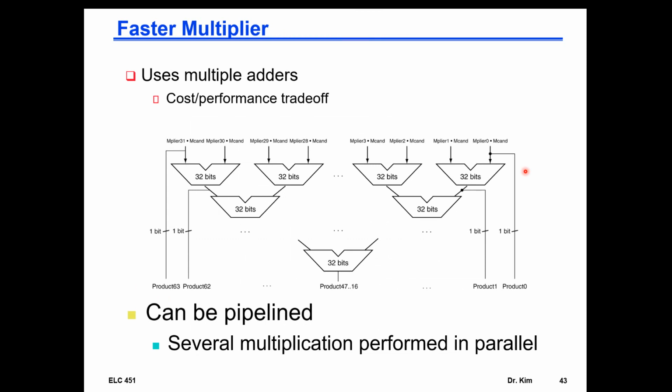Okay, so now that you saw these sequential multipliers that take multiple cycles, how can you make fast multipliers? And you don't get anything for nothing. There is a trade-off, and the trade-off is in complexity and the cost of hardware.